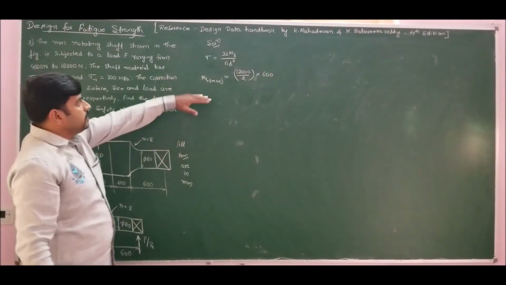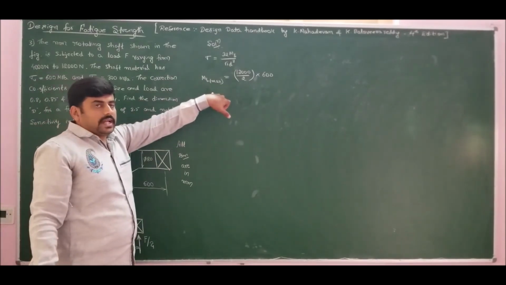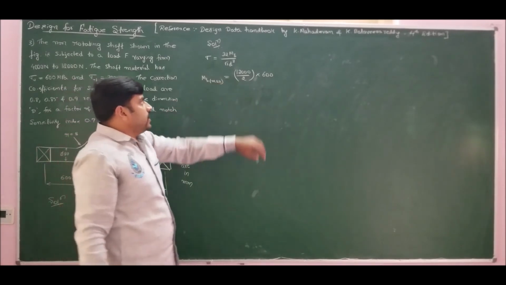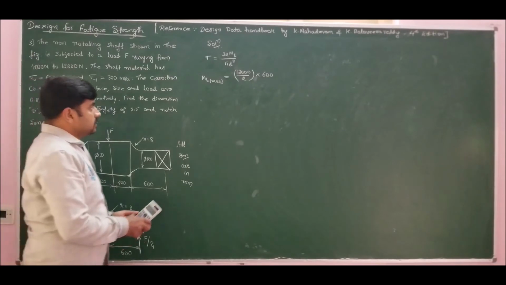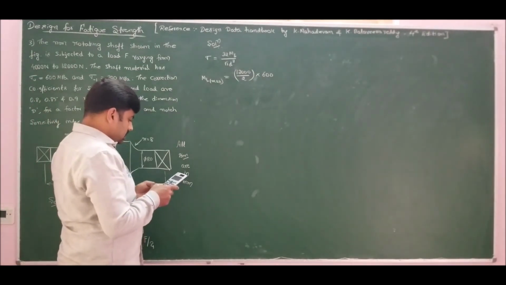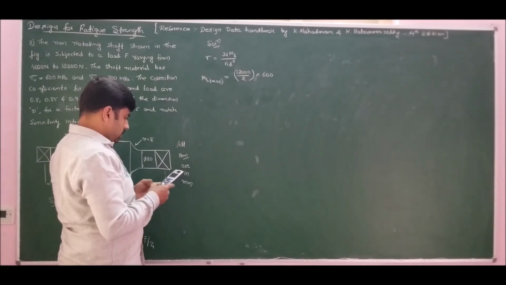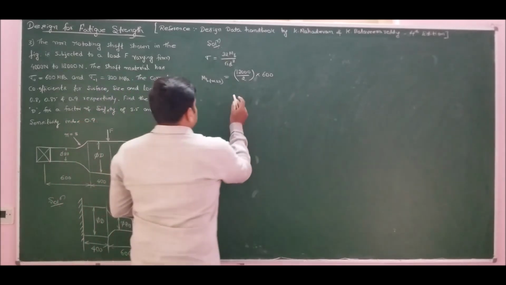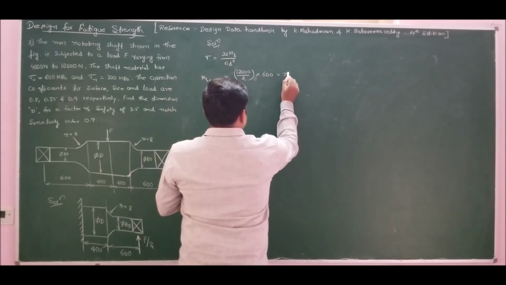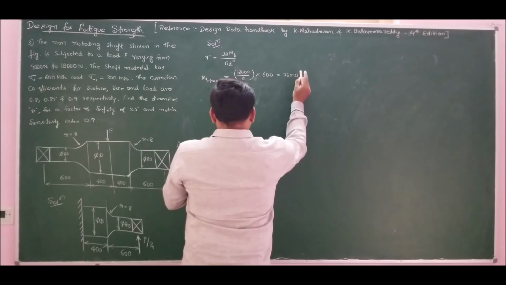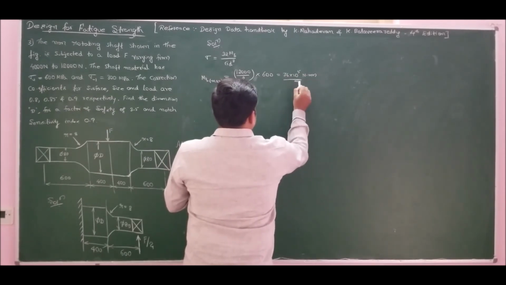For a cantilever beam fixed at one end, free at the other end, loaded at the free end, the bending moment is given by Fl, where F is F by 2 and L is 600. So if I solve, I get 12,000 into 600 by 2, so the maximum bending moment is 36 into 10 to the power of 5 Newton millimeters.